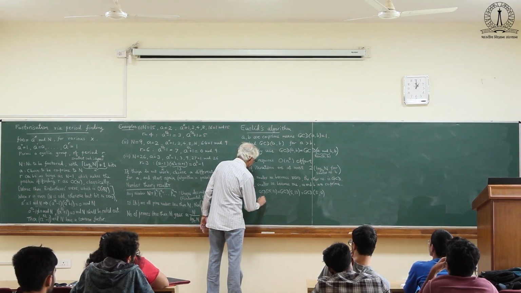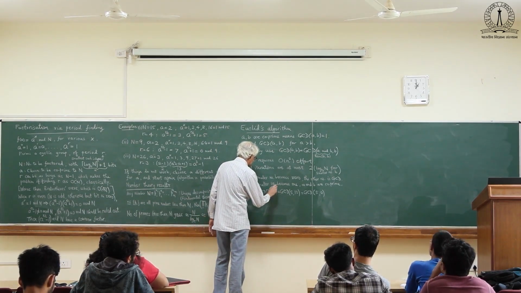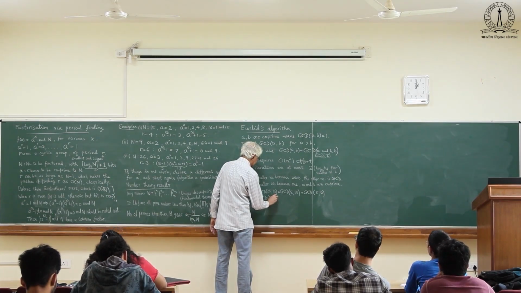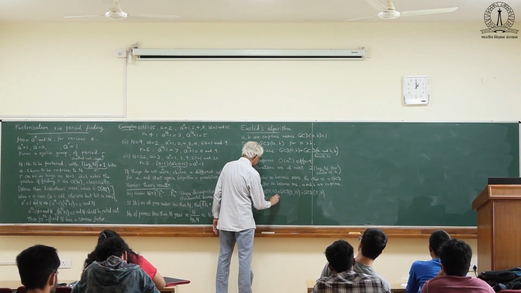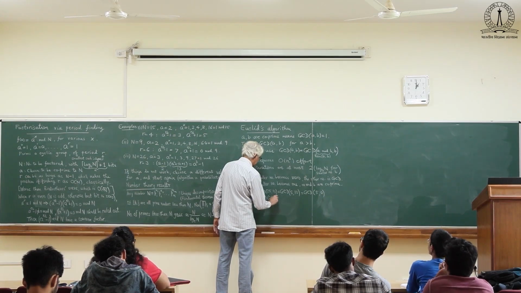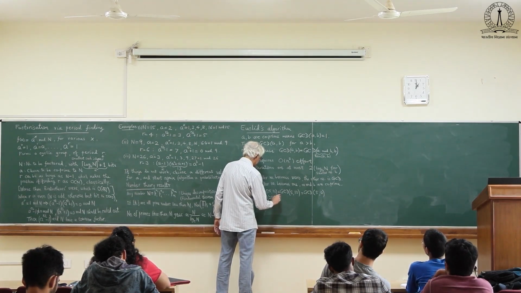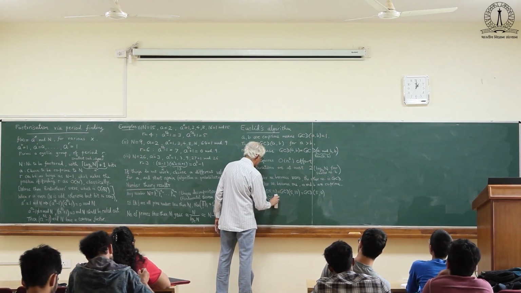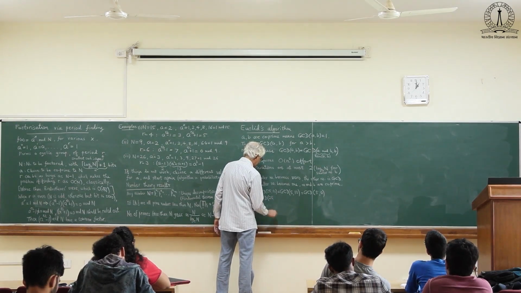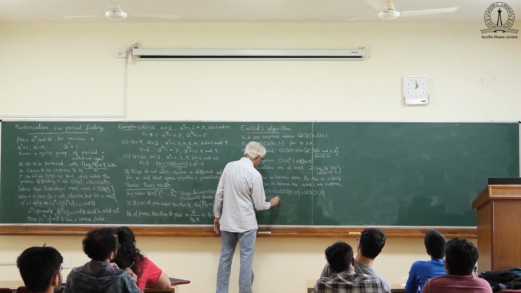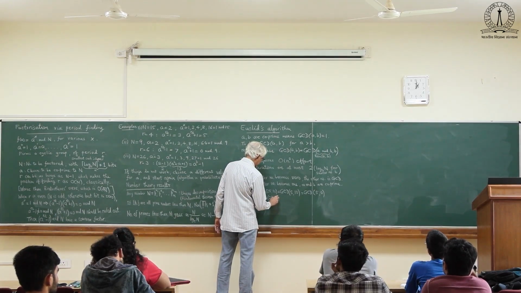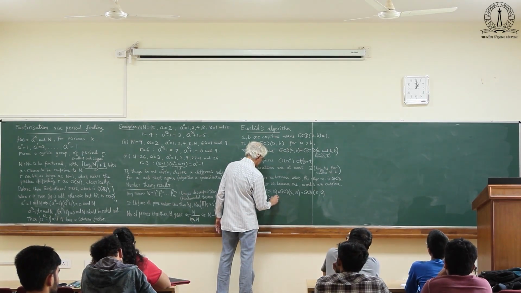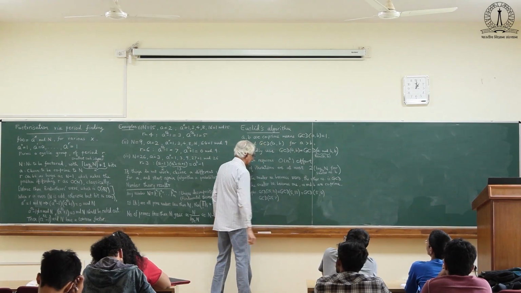Let me take something else, say 25 and some other number, say 6. Well, 6 becomes very quick. Let me make life a little more complicated. Let me make it 7.